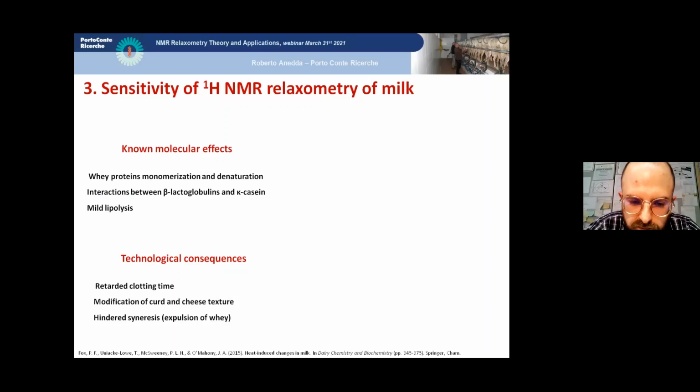This is some of the most important consequences. As the sample changes with temperature, we can follow it by monitoring proton NMR relaxation changes. And this is a very rapid measurement, so we can follow online the changes that are occurring in the system.